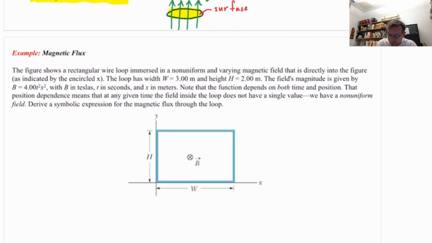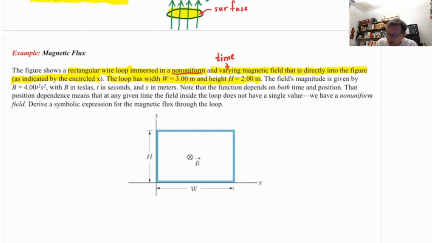Here's the scenario. We're looking down from above on a rectangular wire loop, and it's immersed in a non-uniform, so it's not the same at every location in space, and varying, that means time varying, magnetic field that is directly into the figure as indicated by the encircled X, labeled B. This loop has a width, W, of 3 meters and a height, H, of 2 meters.